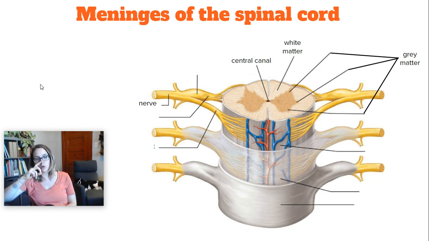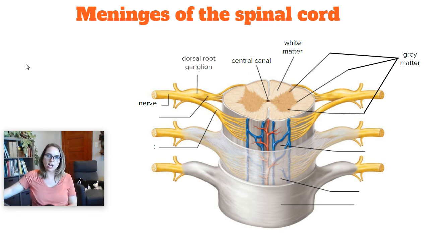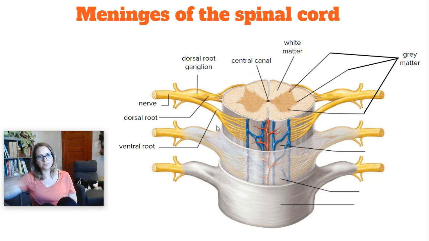And the ganglion is only on, is it dorsal or ventral side? Dorsal root ganglion. Good job. Your dorsal root ganglion is right here. That means this is my dorsal root, on the side of the dorsal root ganglion. If this is the dorsal root ganglion, that makes this root the front side, the ventral root. So that's all review, all right?